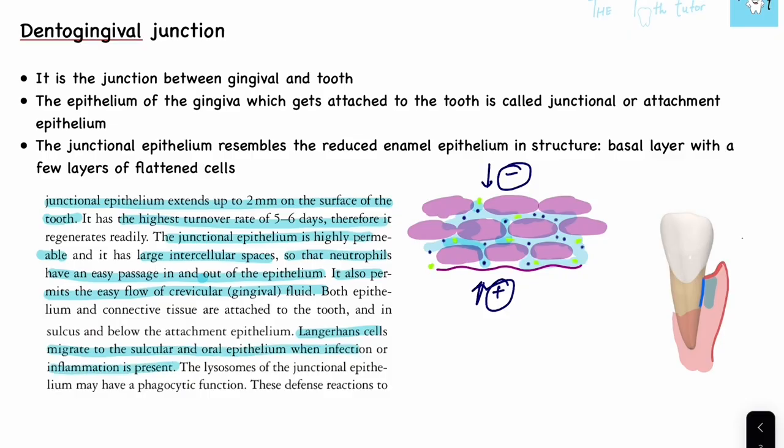So in general, because of these intercellular spaces, the junctional epithelium provides an easy passage to bacteria, but along with that it also has great immunity because of the neutrophils and Langerhans cells.